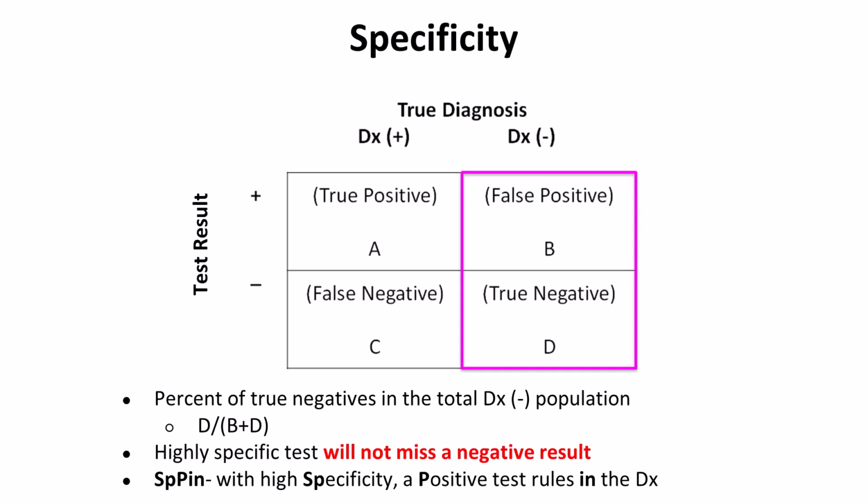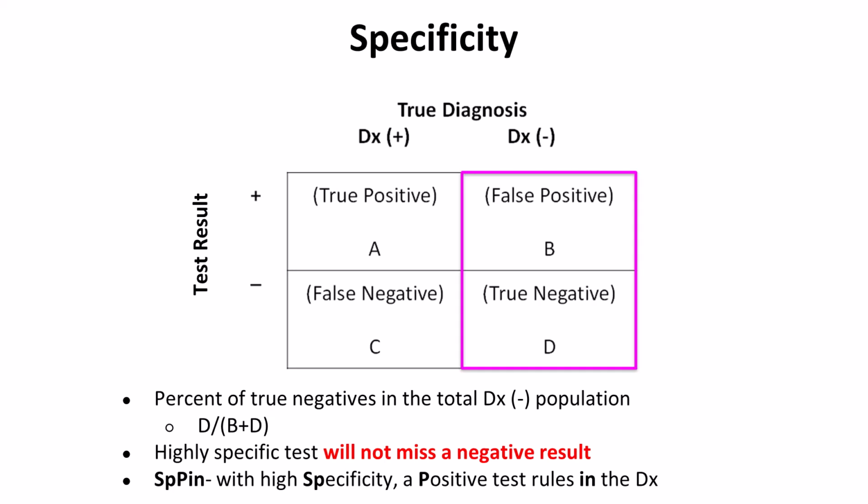In order to find the percentage of true negatives in the total diagnosis negative population, you take the number that resides in box D and divide that by the total number of individuals in the diagnosis negative population, which would be box B plus box D. This will give you your specificity.